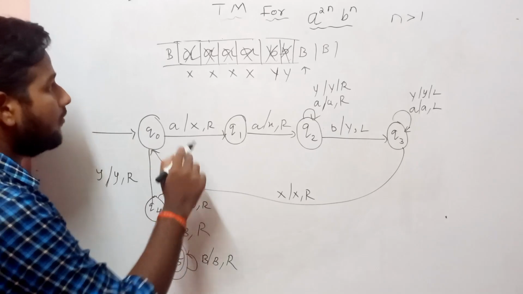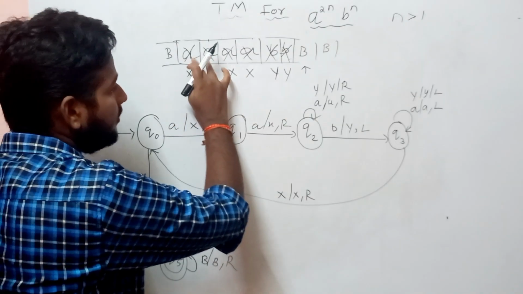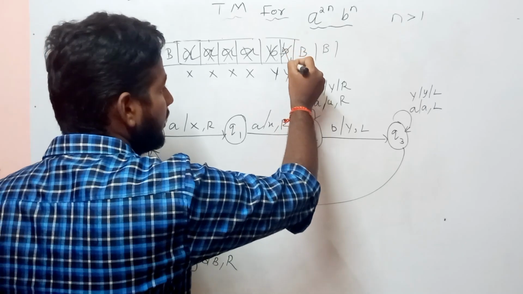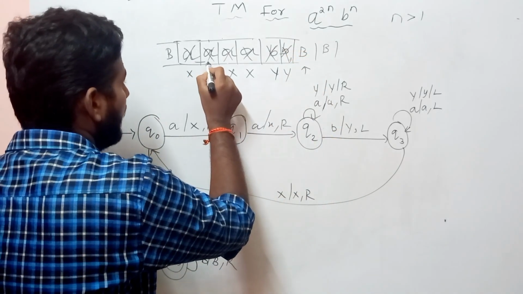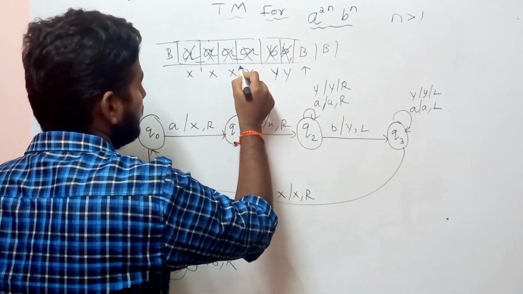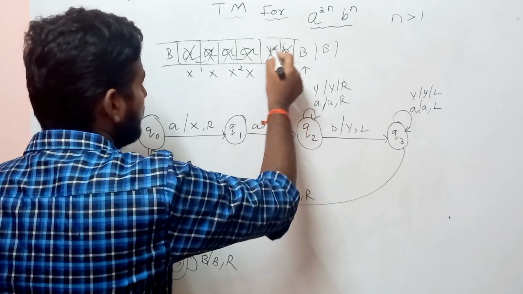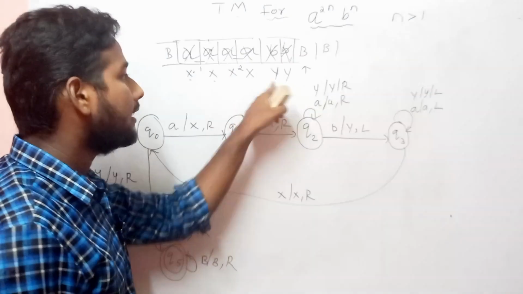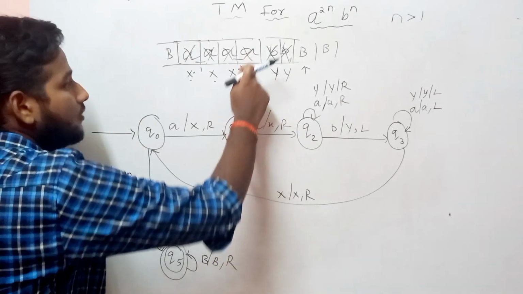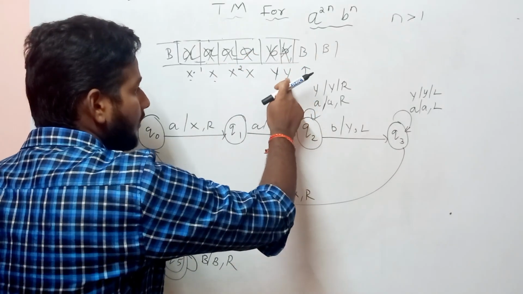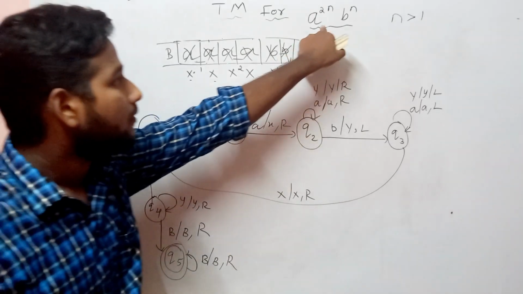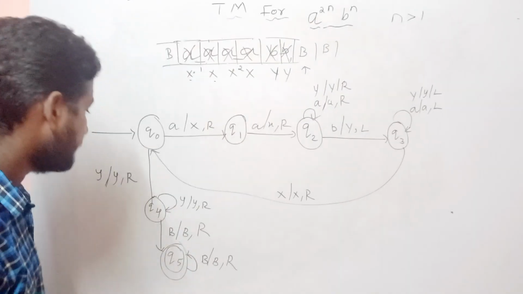Now what we made: for these 2 a's we consider 1 b, and for these 2 a's we consider another b. These 2 a's are pair 1, these 2 a's are pair 2. For these 2 a's replaced with x, we take just 1 b and replace it with y. For these 2 a's we again consider only 1 b and replace it with y. This is the acceptance of the string of the form a power 2n, b power n.